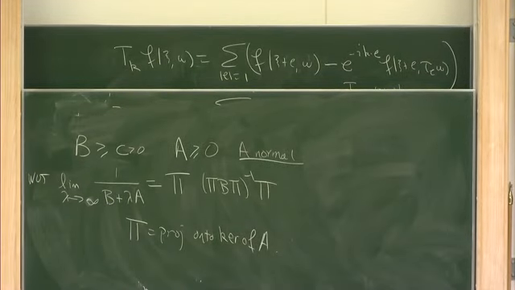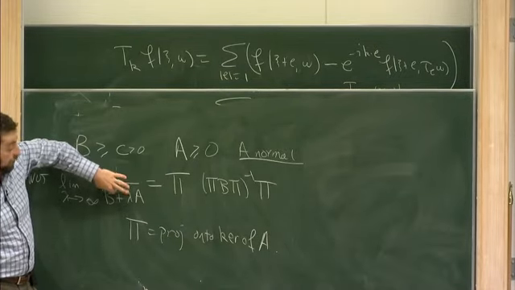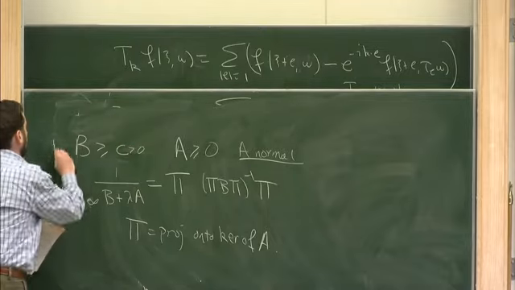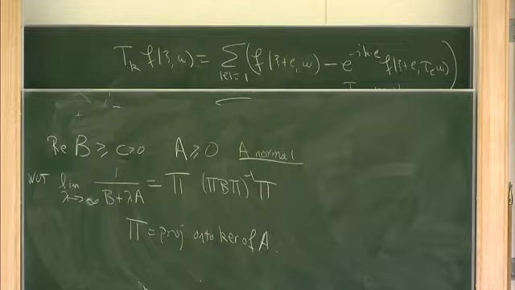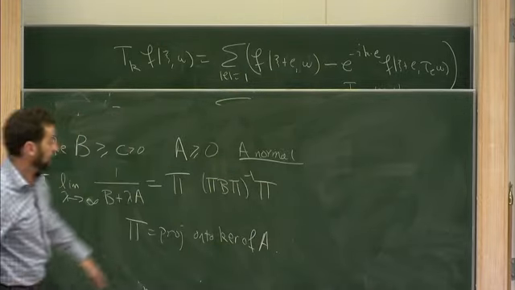Okay, and this is a simple lemma that one can prove, that looking at a resolvent here, we basically just get the inverse of b restricted to the kernel of A. The point is that because b is strictly dissipative, actually I don't need b, I just need the real part of b. Because b is strictly dissipative, this inverse exists just as well as the inverse of b on the corresponding subspace.